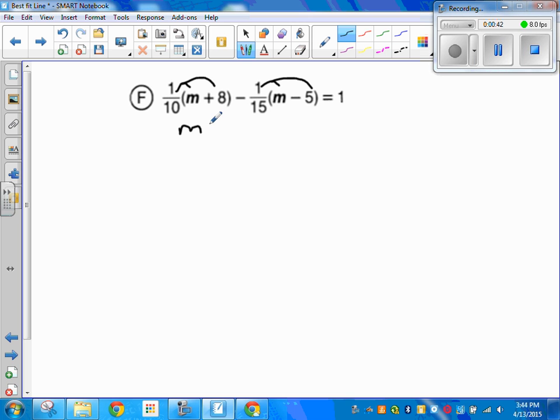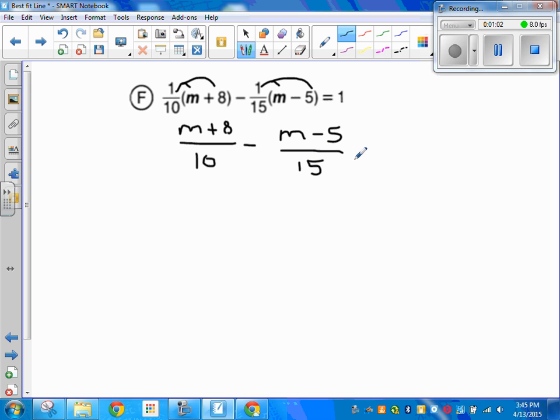We can just write m plus 8 all over 10, and likewise minus m minus 5 over 15.